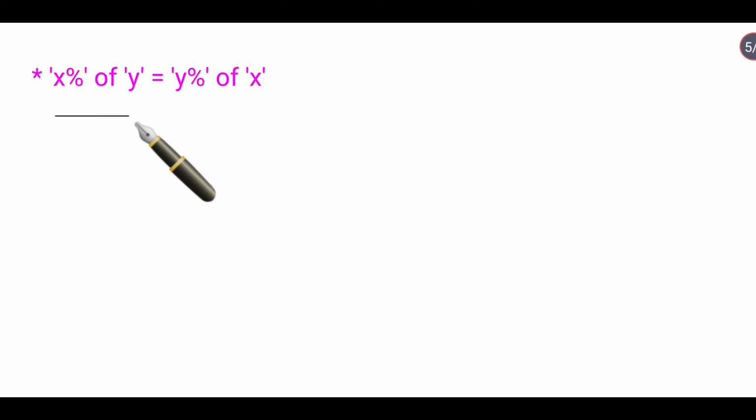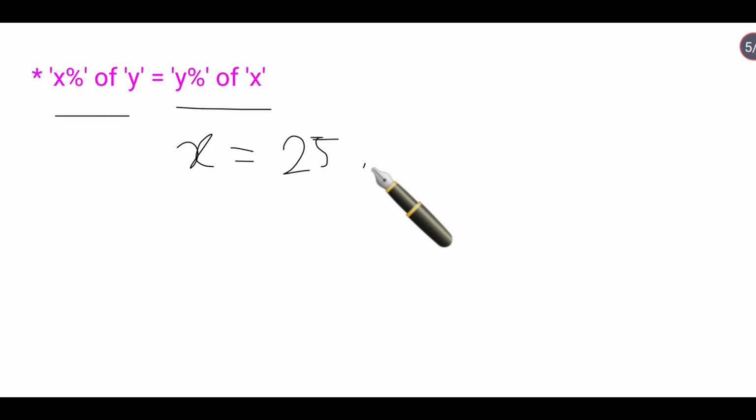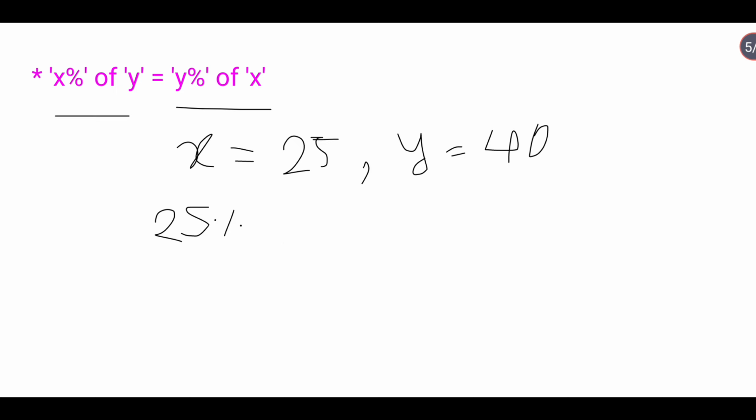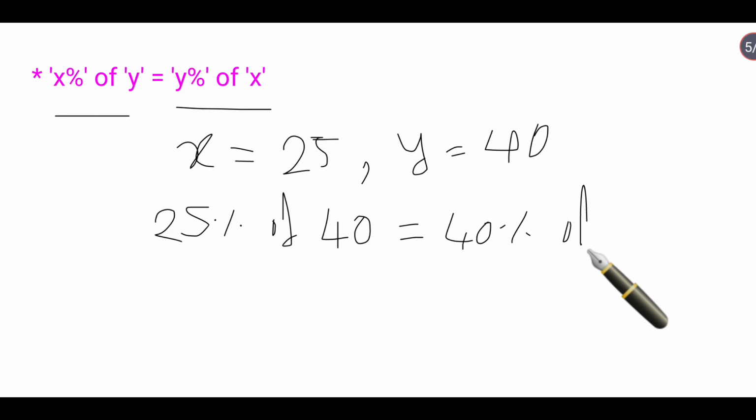Next formula: x percent of y is always equal to y percent of x. Let's take an example. Suppose x is equal to 25 and y is equal to 40. X percent of y means 25 percentage of 40, which is equal to y percent of x, that means 40 percentage of 25.